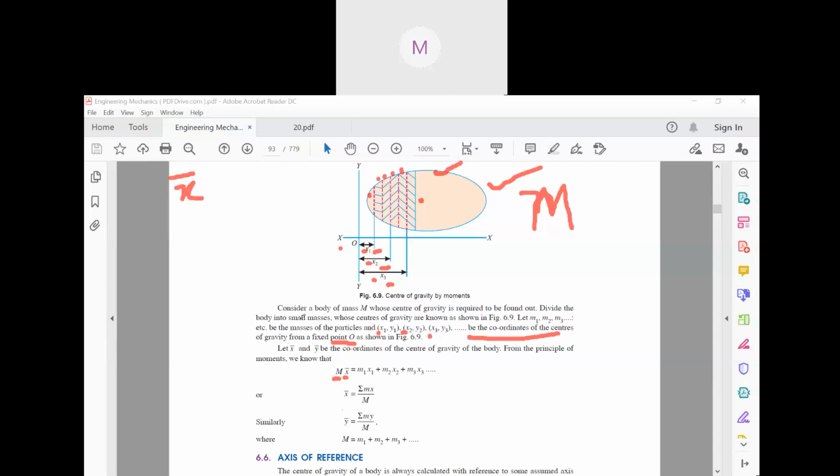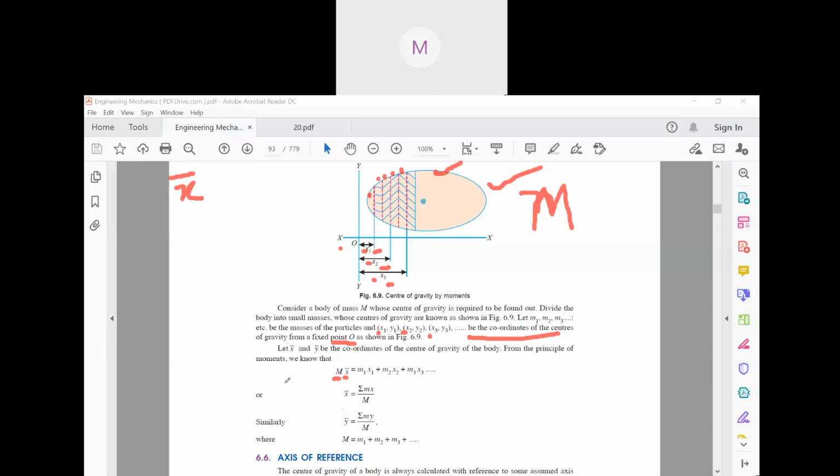So m into x bar means that from this point, the distance is x bar, and the mass is m. Then m into x bar is equal to m1 into x1, that small part, then m2 into x2, m3 into x3, and eventually you can continue.